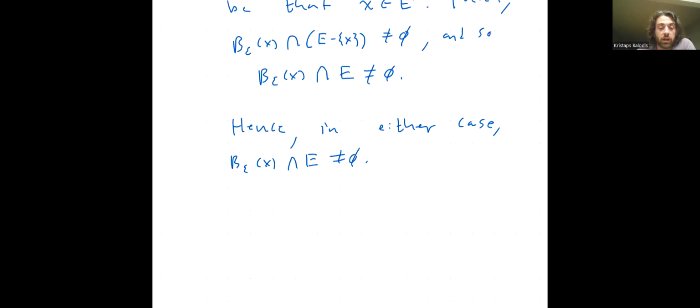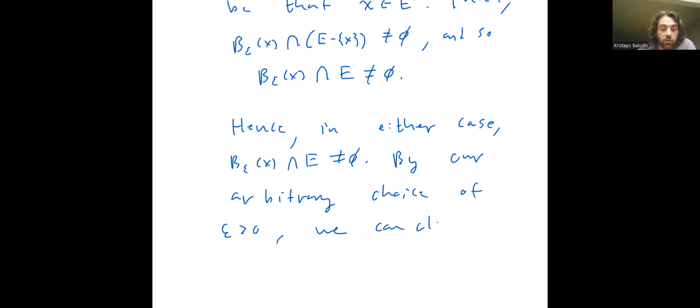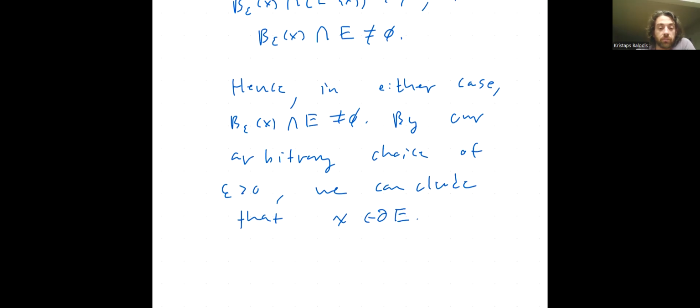So by our arbitrary choice of epsilon greater than 0, we conclude that X was in the boundary, right? And perhaps even, well, I think in the document I include a little bit more words about that. But that is basically the end of the proof, right?